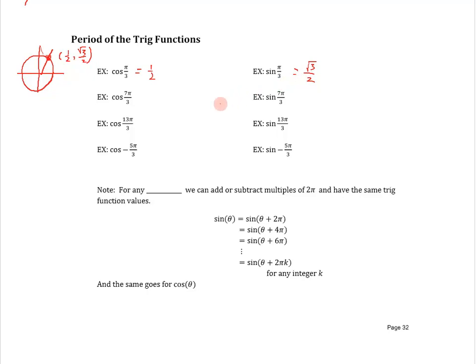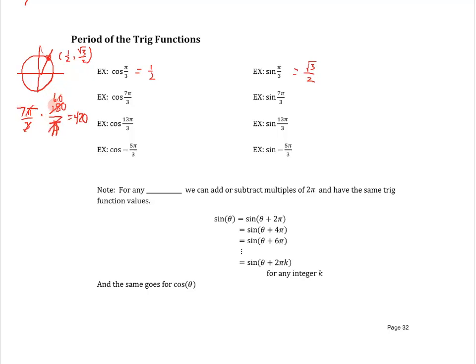What happens if you look at cosine of 7 pi over 3? Now what is 7 pi over 3? If you want to see it in degrees, well, this was 60 degrees. This turns out to be 420 degrees. You can figure that out by doing 7 pi over 3 times 180 over pi. You'll get 420 when you work that out, because 3 goes into 180 60 times.